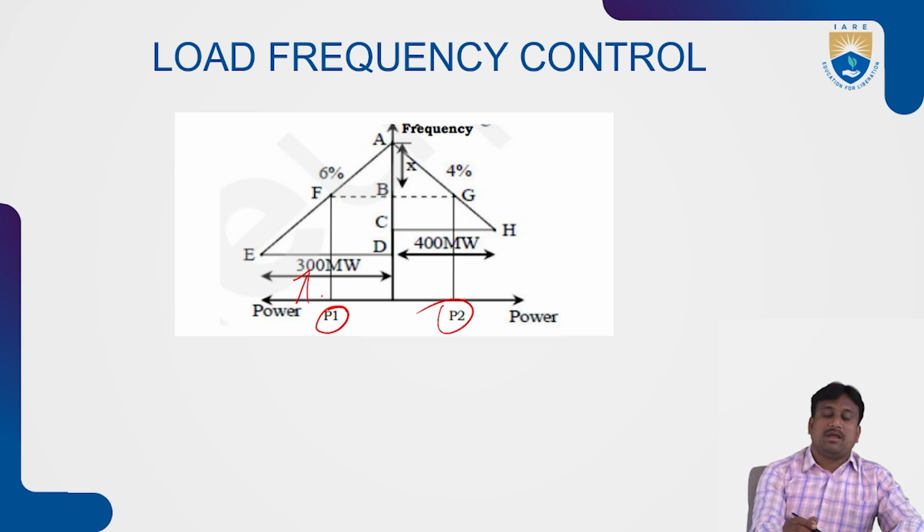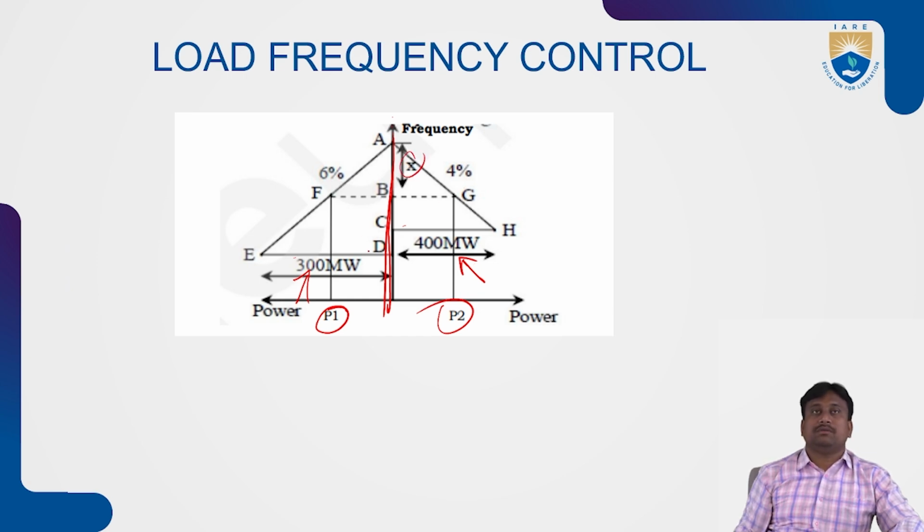Here it is with 300 megawatts, here it is with 400 megawatts. The frequency variations between these two powers are considered under the various sections A, B, C, F, G, D, E. We need to divide the subsections according to the given values.